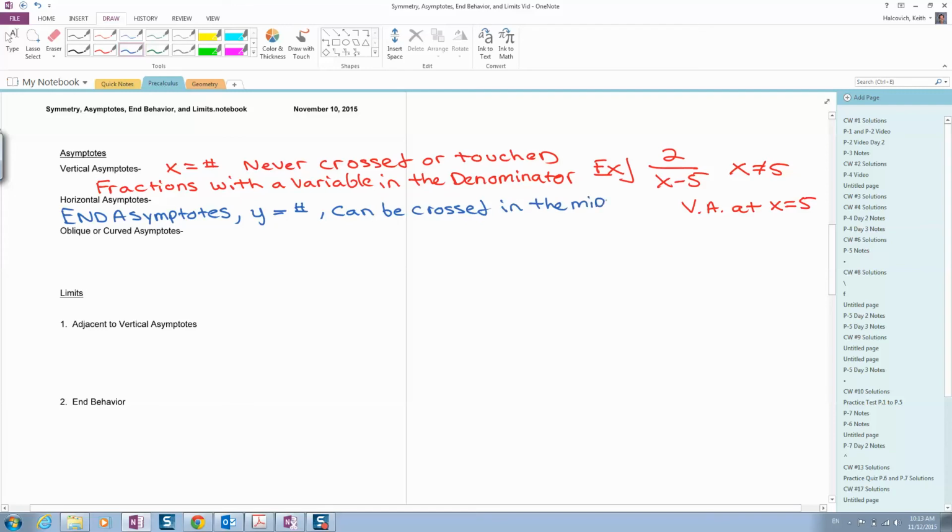They just can't be crossed at the end. Oblique or curved asymptotes are diagonal lines or curved, like a parabola. Can be a curved asymptote.